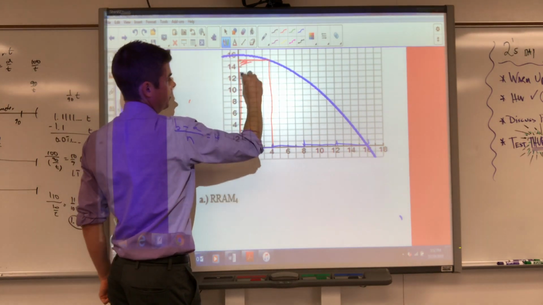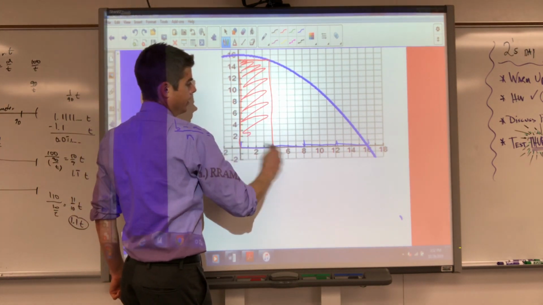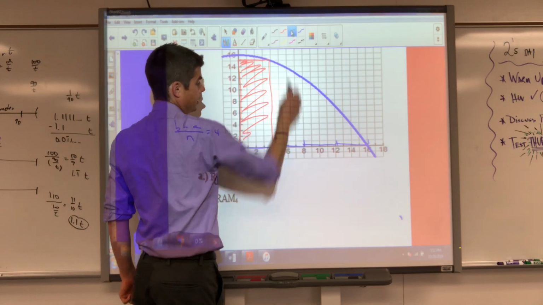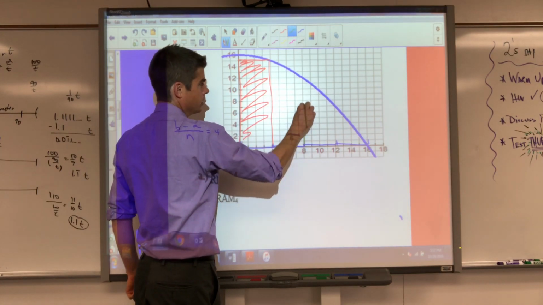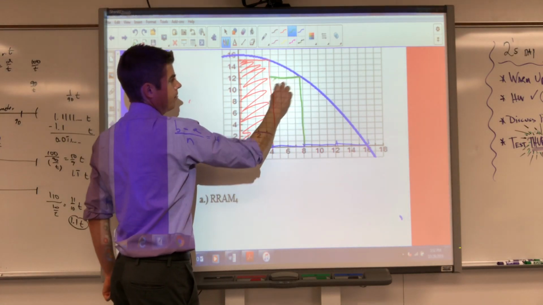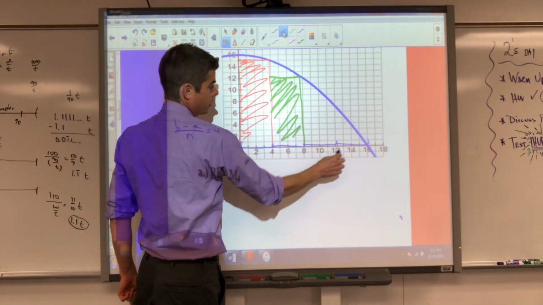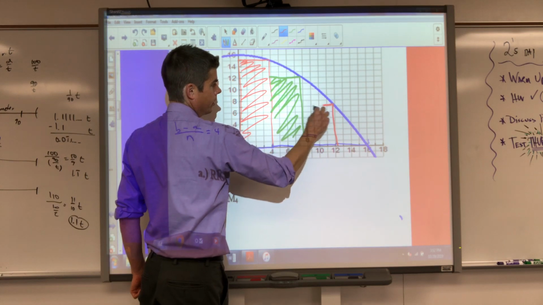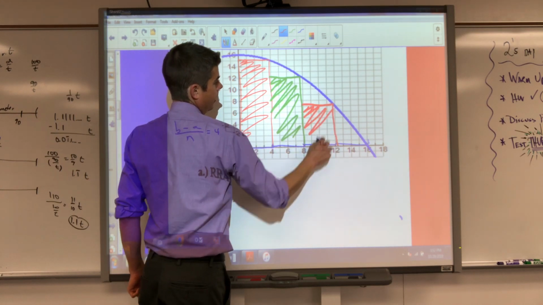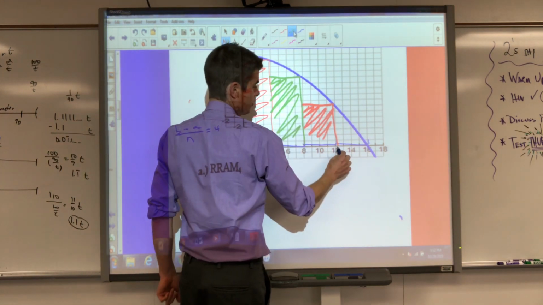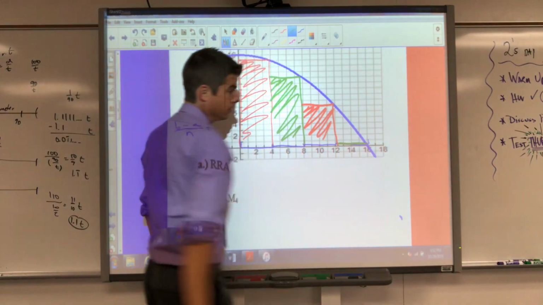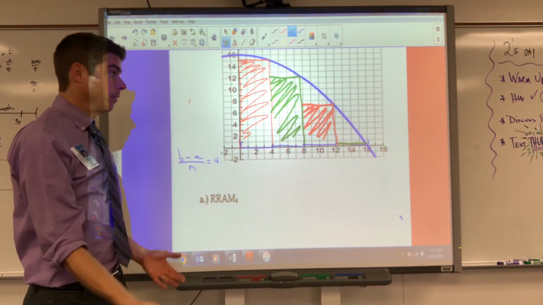Then from 4 to 8, in green, it's going to look like Christmas colors, up to there, and find the area of that rectangle. Then maybe go back to red, 8 to 12, find this area. And then our last one from 12 to 16, which is actually just flat, but still that's our rectangle.